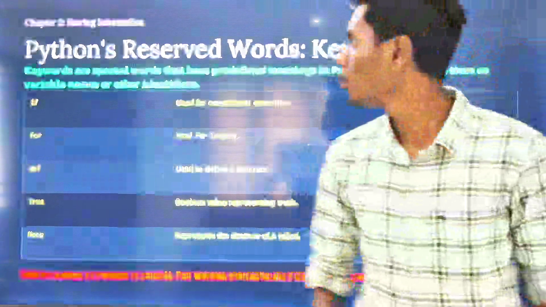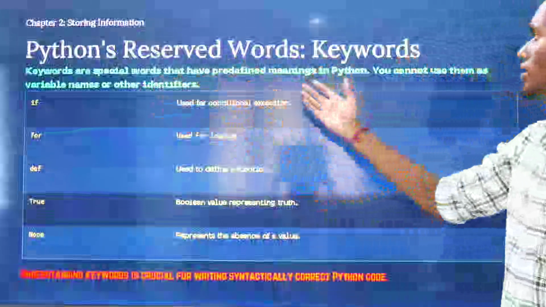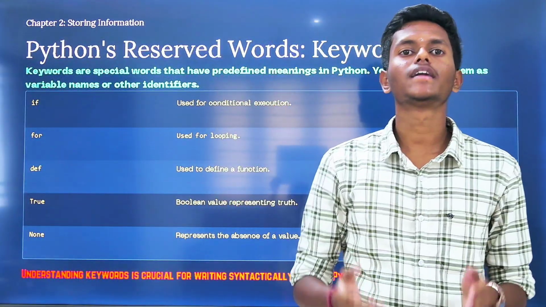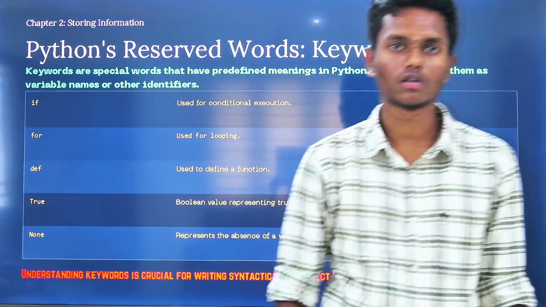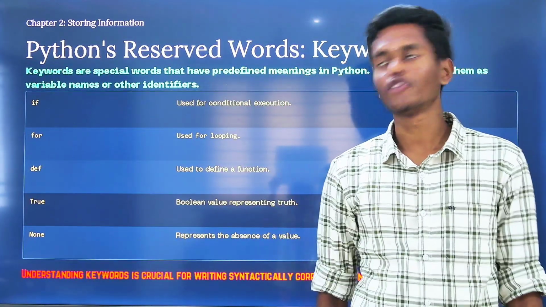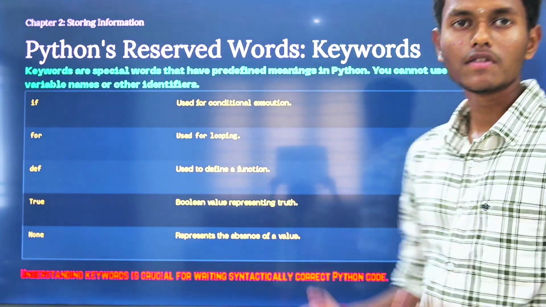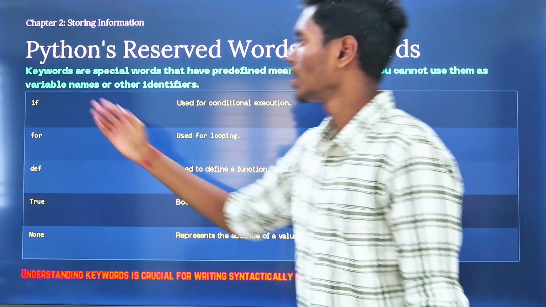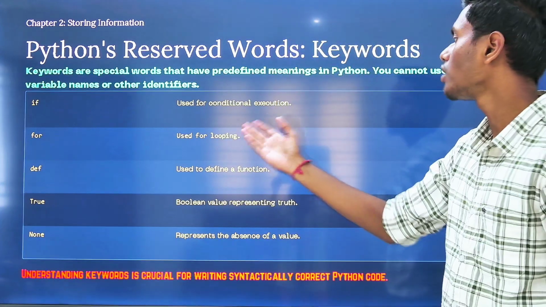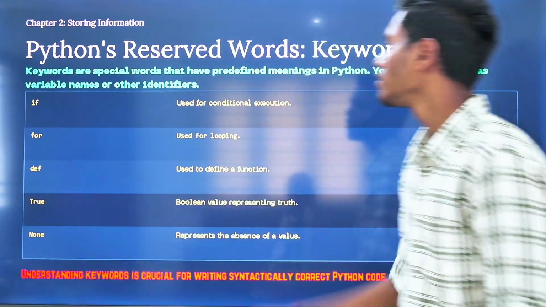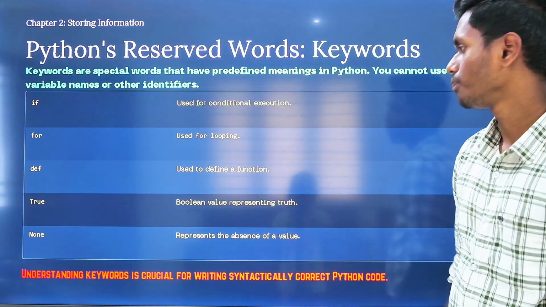Next we'll see about Python's reserved words, that are keywords. Keywords are special words that have predefined meanings in Python. You cannot use them as variable names or other identifiers. We will see a few keywords. If is used for conditional execution. For is used for looping.